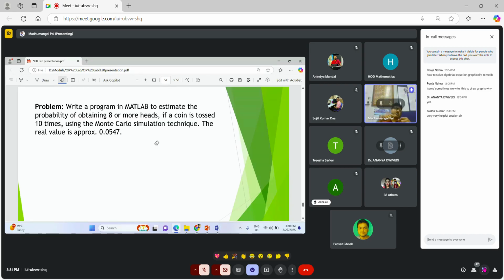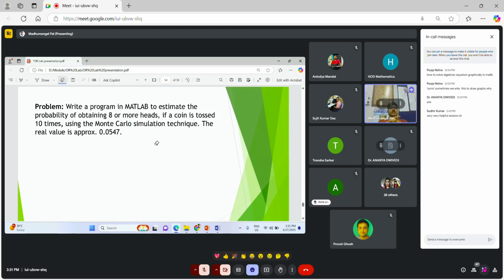If you toss a coin 10 times, then what is the probability? All times we get hits, or we get 9 times hit, or 8 times, or 6 times, or 7 times, a lot of these. So the question is, what is the probability? There is probability theory, but the simulation technique gives the experimental result.